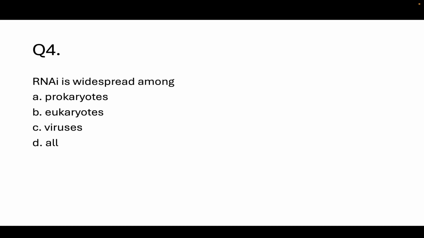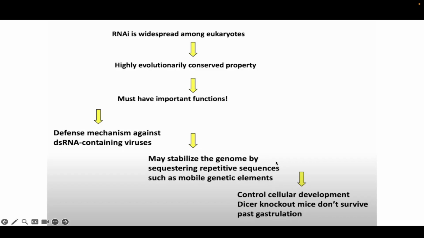Okay, let's see. This RNA interference, you must have heard about this term when we remember gene expression or gene cloning, genetic engineering. In everything, genetic engineering or genome editing, this RNAi is quite common and widespread among eukaryotes.